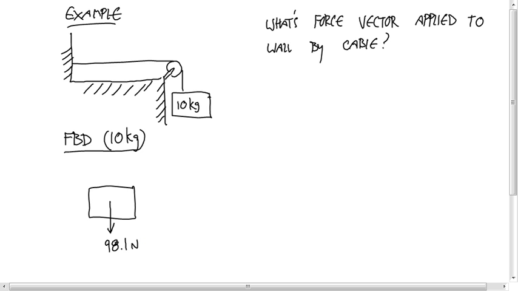And then the second piece, now we're just sort of mentally going around the boundary of the mass, looking for places where the outside world makes contact with the boundary. And the only place is at that cable. So I mentioned last time you can include just a little tiny stump of that cable in the free body diagram. And then the force comes directly out of that stump. I'll call that T.